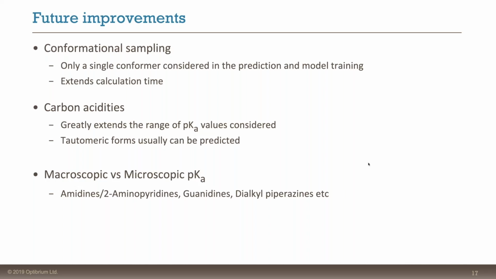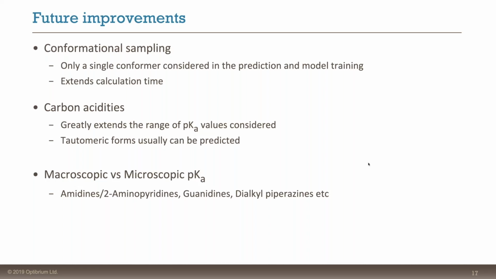I have said that our model is built on our knowledge of where a particular hydrogen sits and our ability to say this is the atom that is losing the hydrogen. I've also mentioned that we have a lot of 2-aminopyridines in there. We have some guanidines.